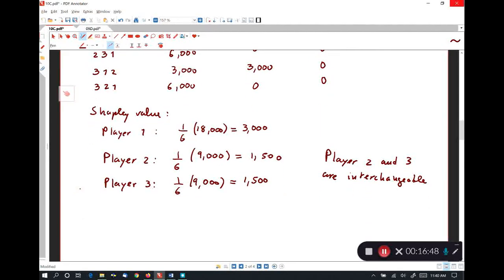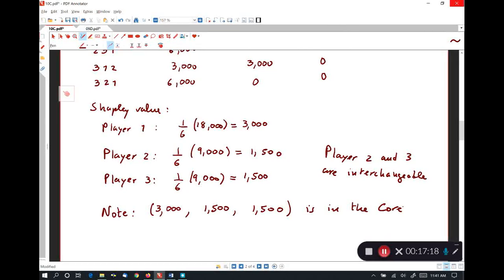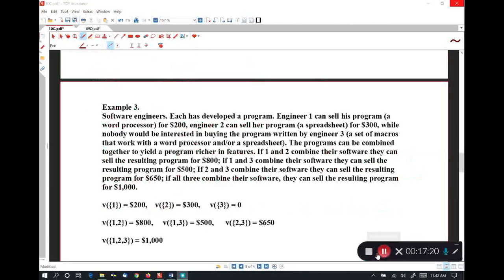But in this case, we do have that this imputation is in the core. So the imputation 3,000, 1,500, 1,500 is in the core, but the core contains many more imputations.